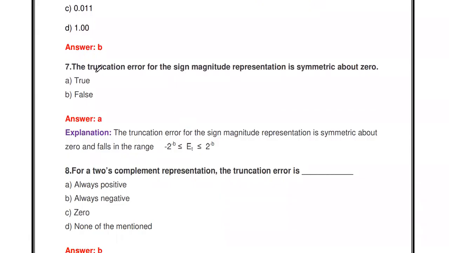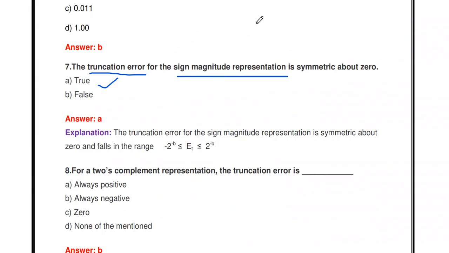Okay. Then the next one, the truncation error for sign magnitude representation is symmetric about 0. The statement is true or false. It's true. Okay. So already there are various types of binary representation in a digital computer or DSP processor. We discussed in the previous video. That is the floating point representation and fixed point representation.